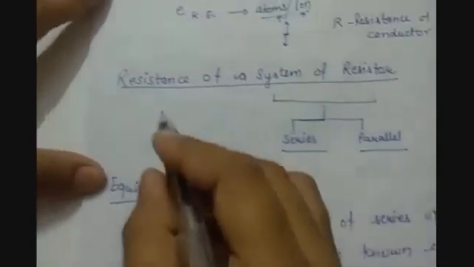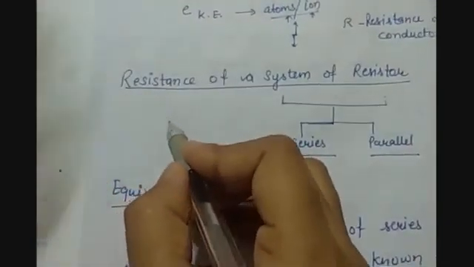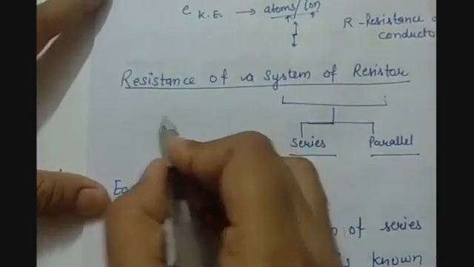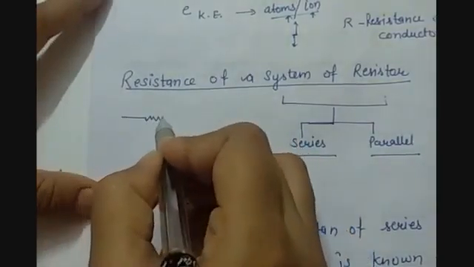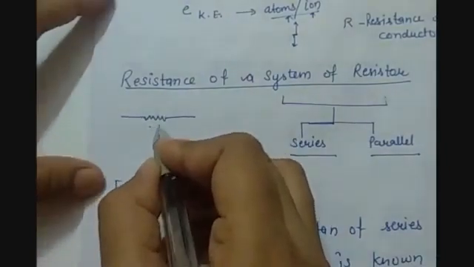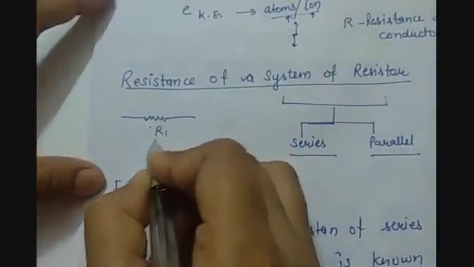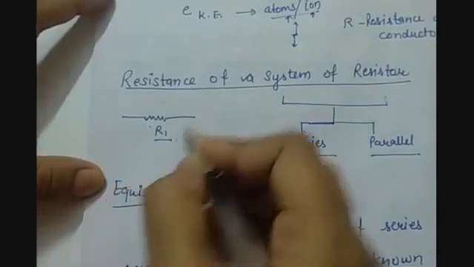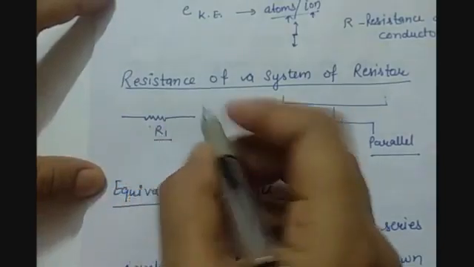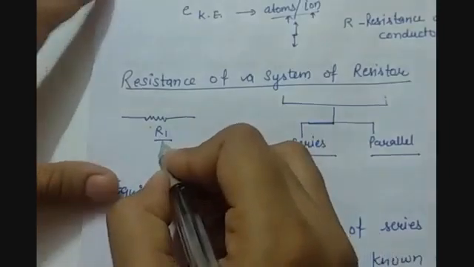When various electrical components having resistance are arranged in such a way that they are connected, I am showing with this diagram the zigzag line as resistance 1. This can be any electrical component with resistance R1.